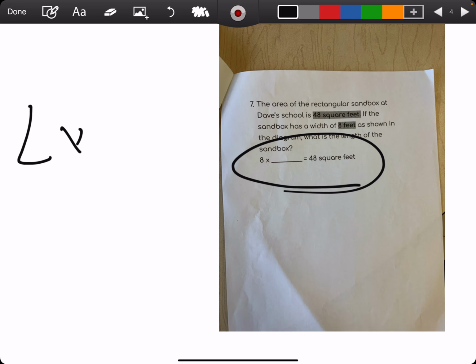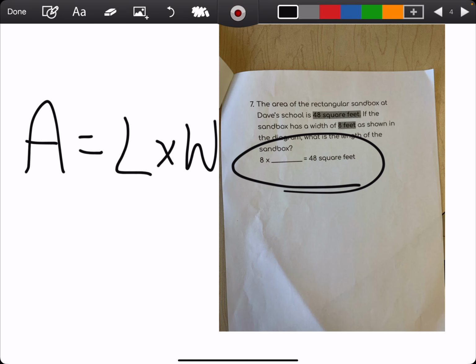So, area equals length times width. You can do width times length, but we often say length times width. So they started 8 times what? Because length we don't know, times the width, which is 8, equals the area. So what times 8 equals 48?